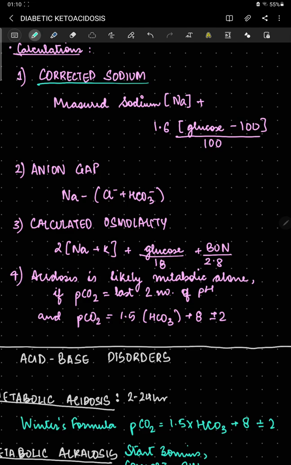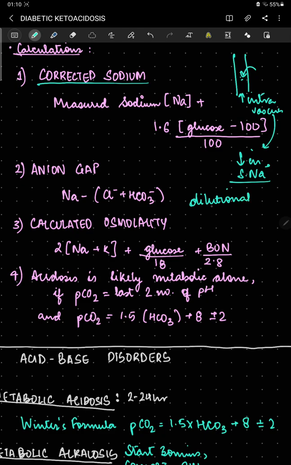As we all know, there is hyperglycemia, and due to hyperglycemia there is an increase in the intravascular volume, and this increase might cause a decrease in the serum sodium values. This is simply dilutional hyponatremia.